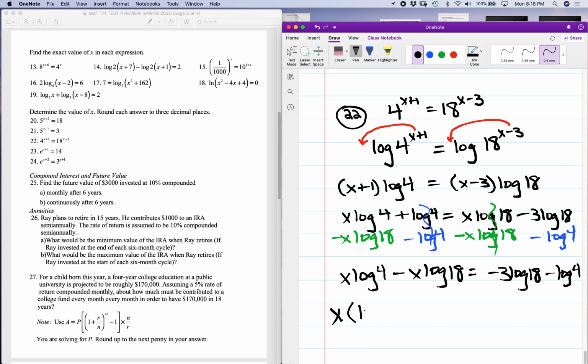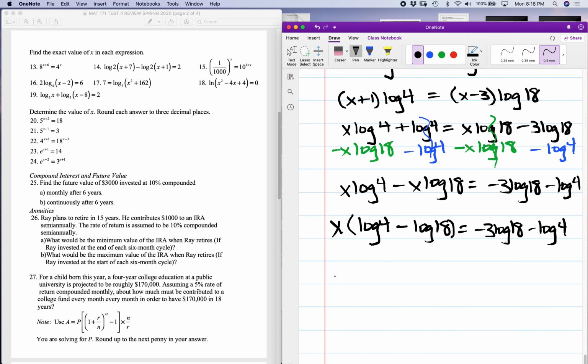So if I look at factoring out the x, we have x times the quantity of the base 10 logarithm of 4 minus the base 10 logarithm of 18. Again, we have equal to minus 3 times the base 10 logarithm of 18 minus the base 10 logarithm of 4.